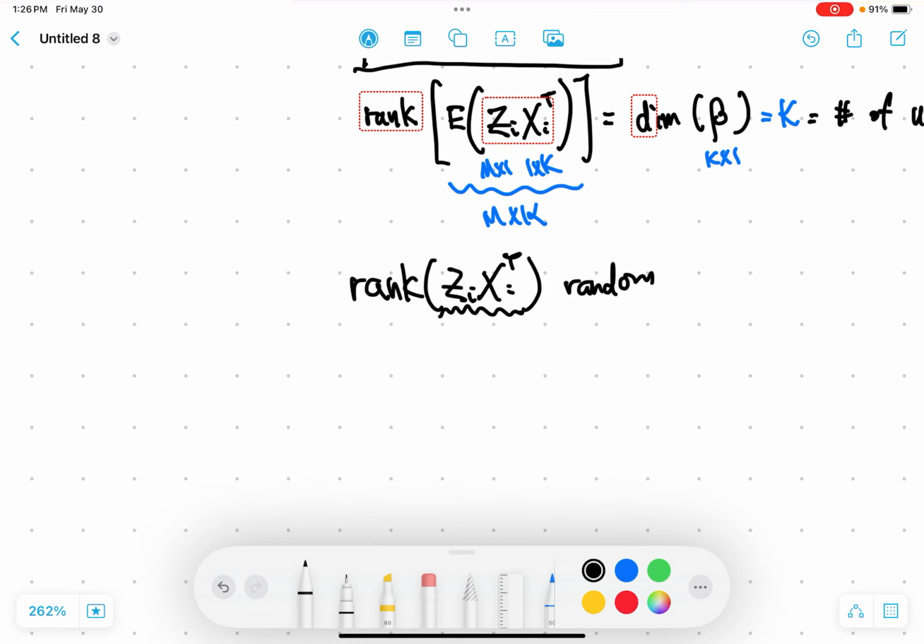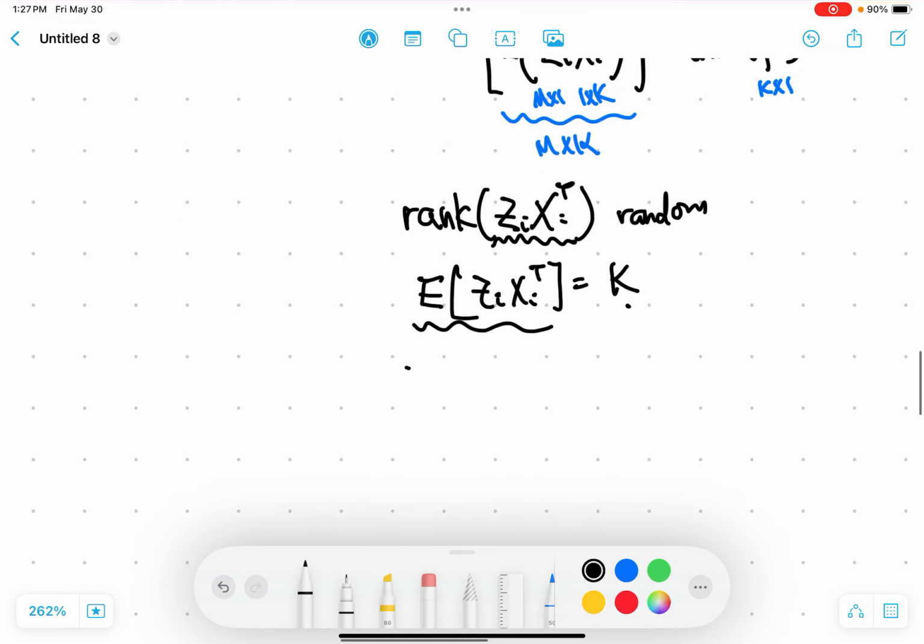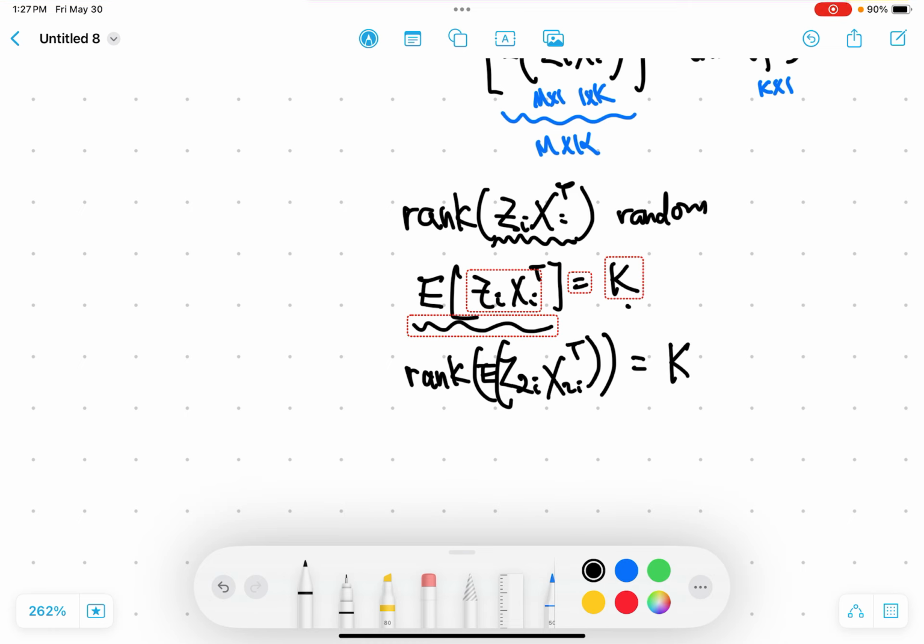And some of you said expectation of zi xi transpose is k. It is a matrix and k is a number, so it does not make sense. And some of you wrote rank of expectation of z2i x2i transpose is k2.